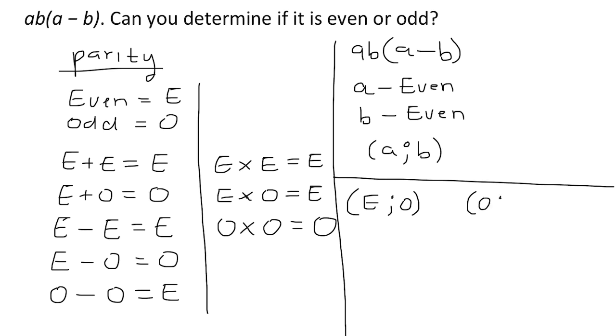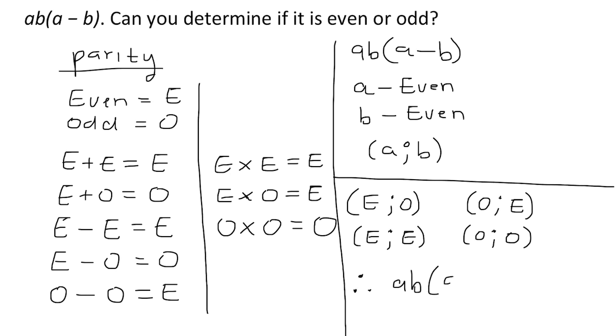A is odd, b is even, we'll have an even number. Both are even, we'll have an even number. Both are odd, we will have an even number because an odd number minus an odd number will give us an even number. Okay, so we can conclude that ab(a minus b) is always even.